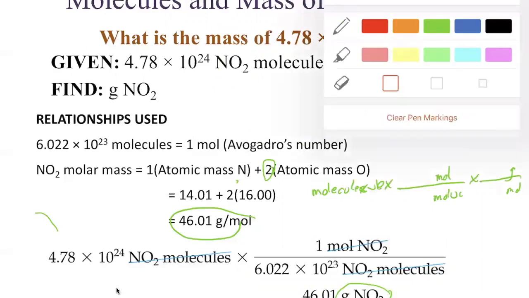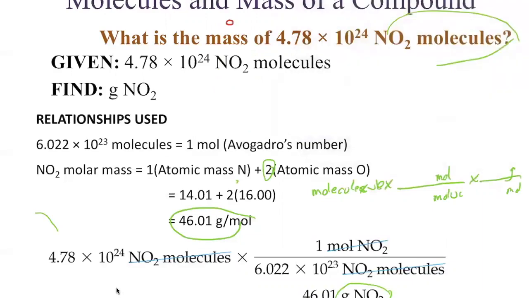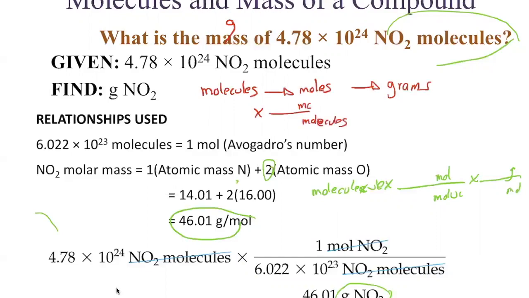So your final answer should be grams, but they are giving you molecules. So the plan is to go from molecules. There is no direct relationship between molecules and grams. So you're going to go from molecules to moles to grams. Molecules, they're giving you, so you want to have molecules at the bottom, and here moles at the top.